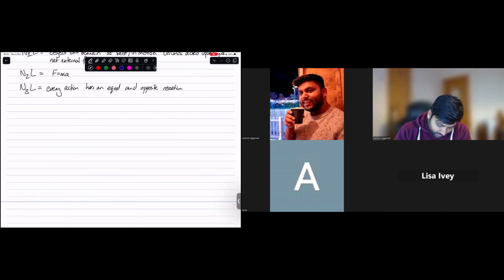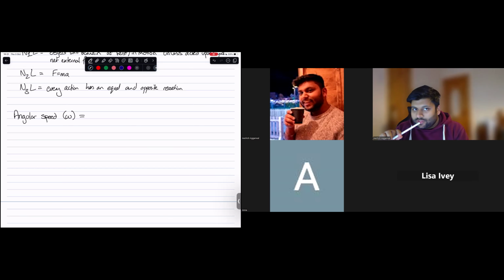Another key term in this region is the angular speed. So we know what speed is, but angular speed, or omega, it's kind of a curvy W. Have either of you come across angular speed? And if so, do you know what it is?